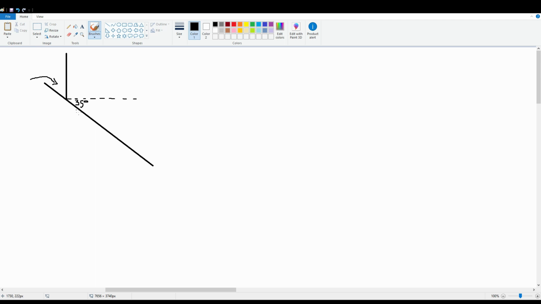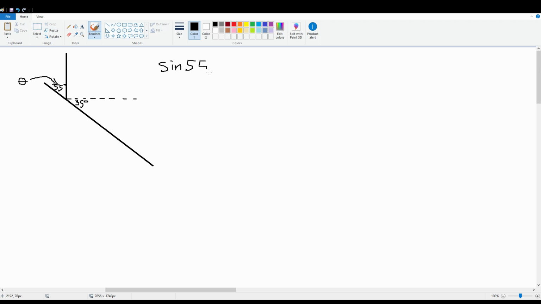Now, if you look here, as I said before, the angle that we use in the sine theta is the angle between the force and the beam, which is this location. So this arrow is pointing to where theta is. So that means in this case, this would be 55 degrees. So when I set up my equation, I would do sine of 55 degrees.